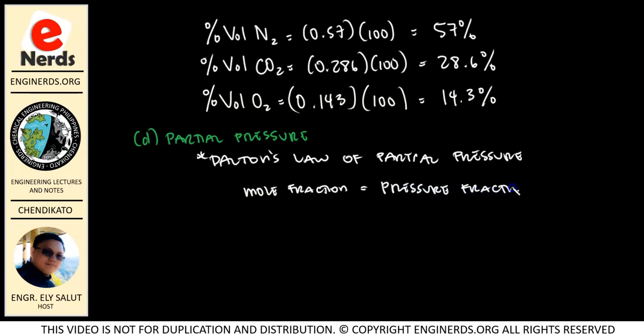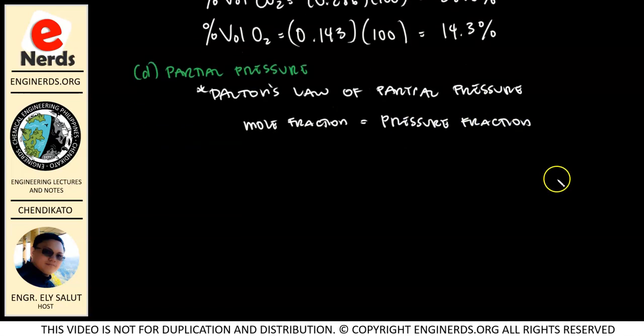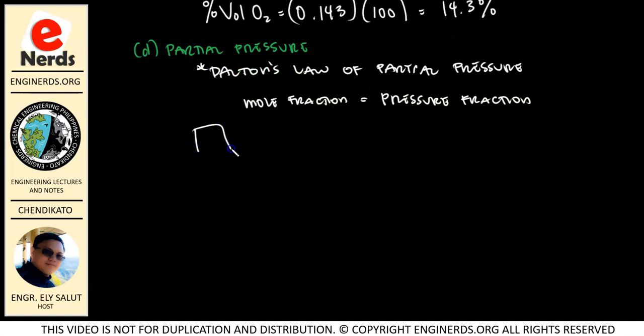Ano ibig sabihin yan? If we have, again, component A and component B sa ating gas, so we have gas A, we have gas B mixed, no? And considering we have an ideal gas here, so meron tayong partial pressure ng A and partial pressure ng B. And the total pressure is equal to the sum of our partial pressures, which is PA plus PB. Okay? So yan ang ating total pressure.